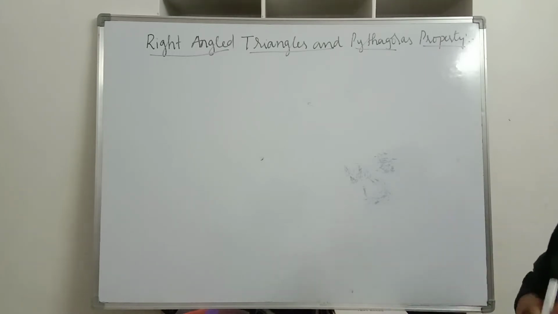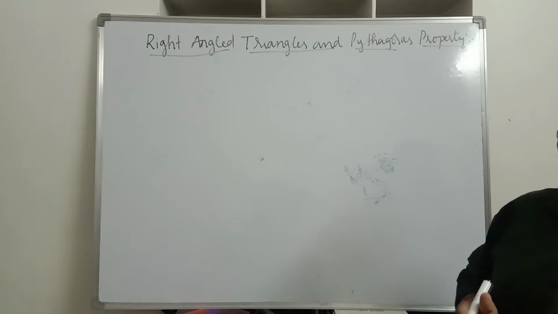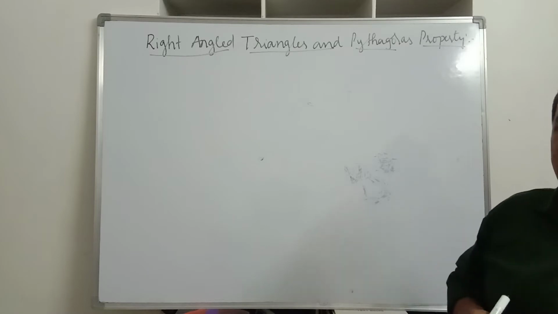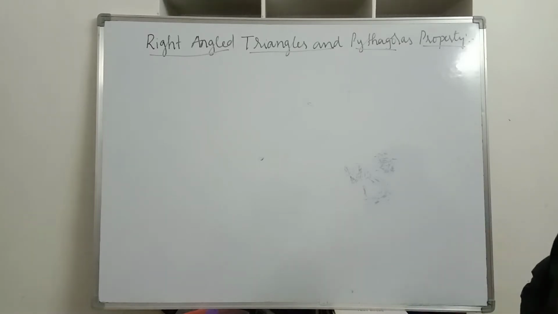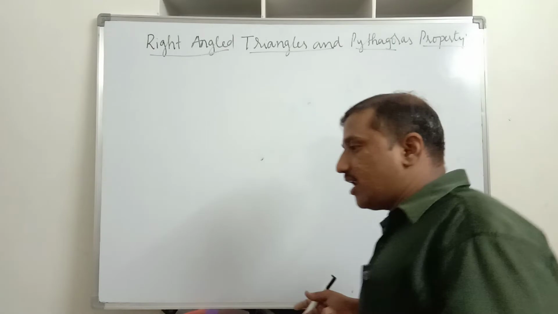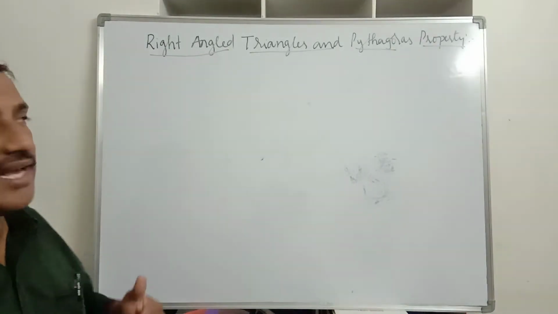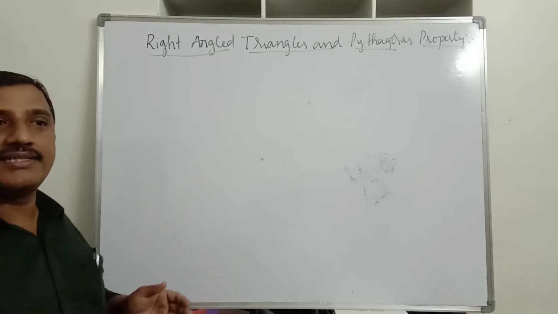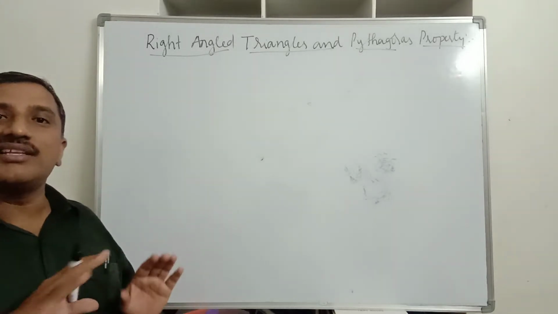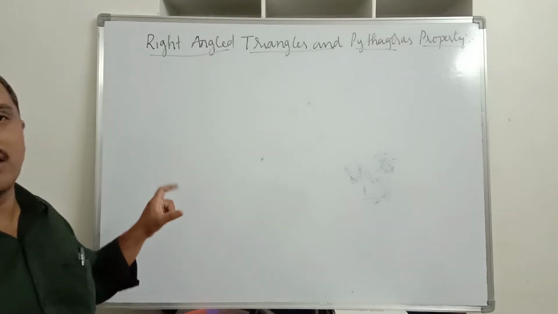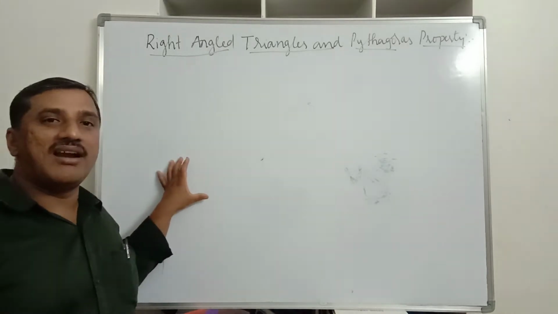In the previous class, we studied two different special triangles, the equilateral triangle and the isosceles triangle, and their properties. A triangle in which all the sides are equal in length is known as an equilateral triangle.